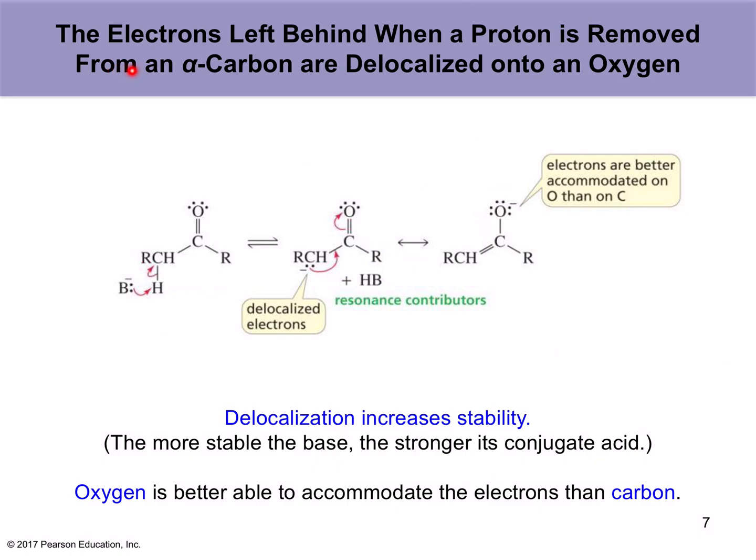The electrons left behind when a proton is removed from an alpha carbon are delocalized onto an oxygen. Now this is an alpha carbon having a carbonyl group next to it. We consider this an acidic hydrogen. So the base comes and grabs the hydrogen, giving its electrons to this carbon.